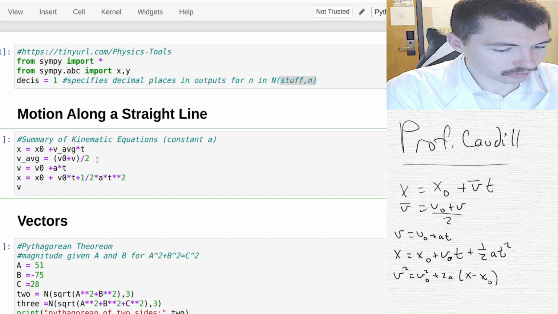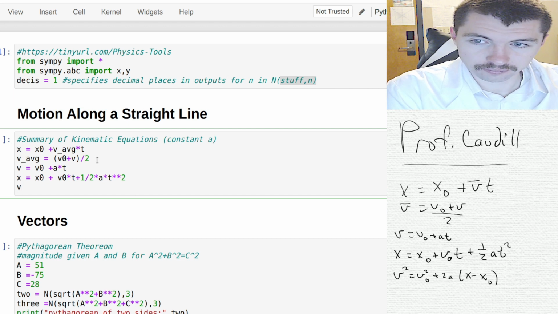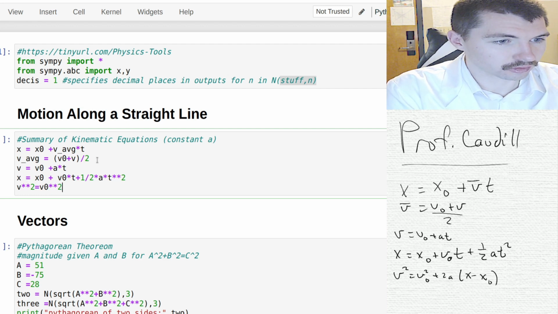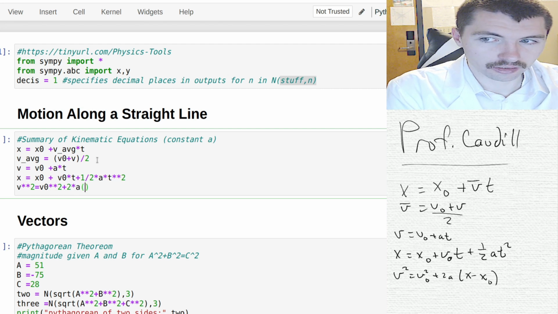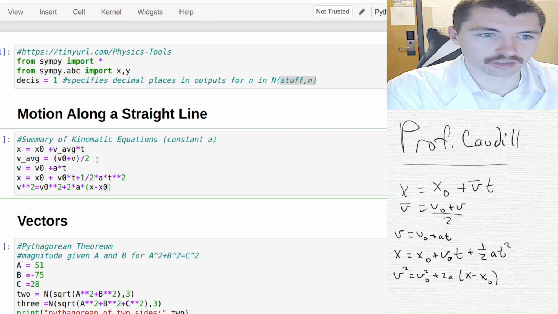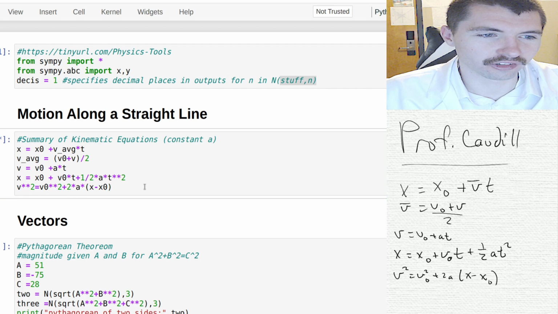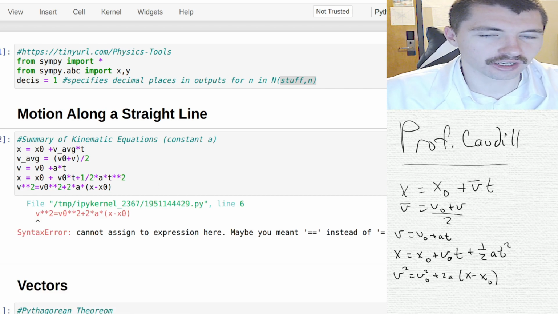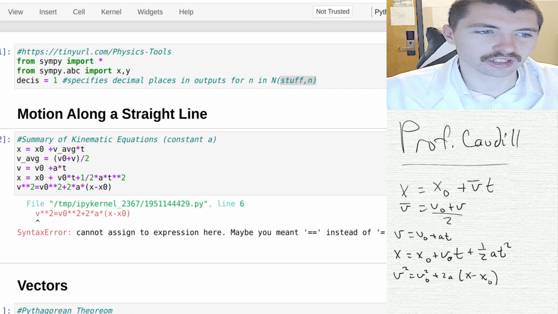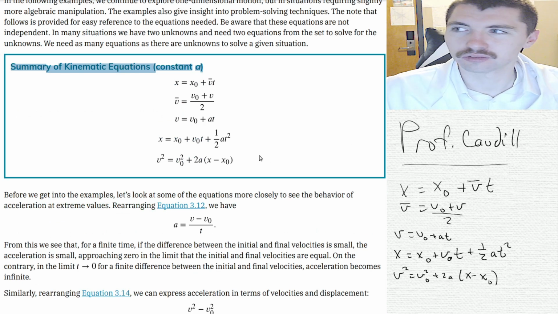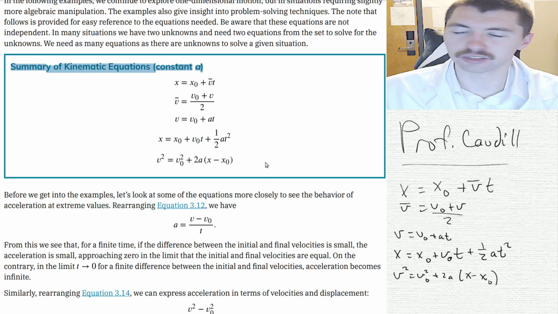And lastly, v squared equals v0 squared plus 2 times a times x minus x0. So that's our equations. Again, if we run it, nothing happens. They're not actually defined. It's just kind of pseudocode. We'll add what we need when we get to it.